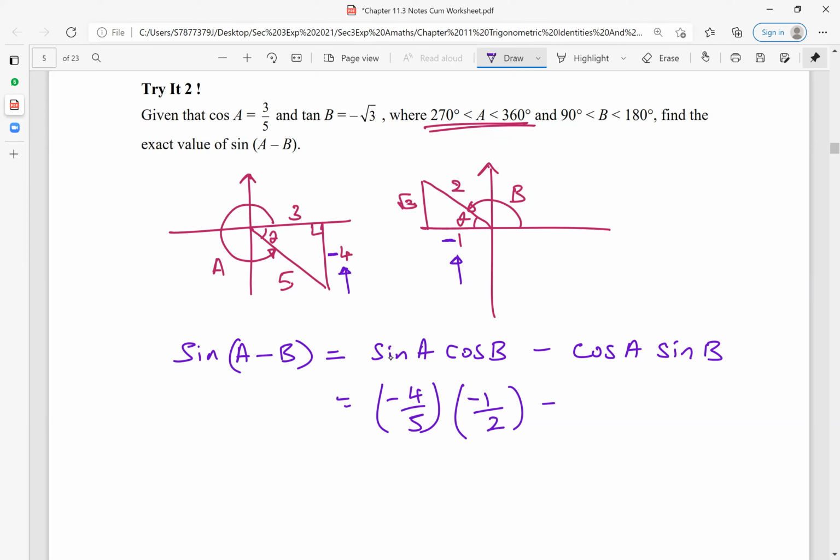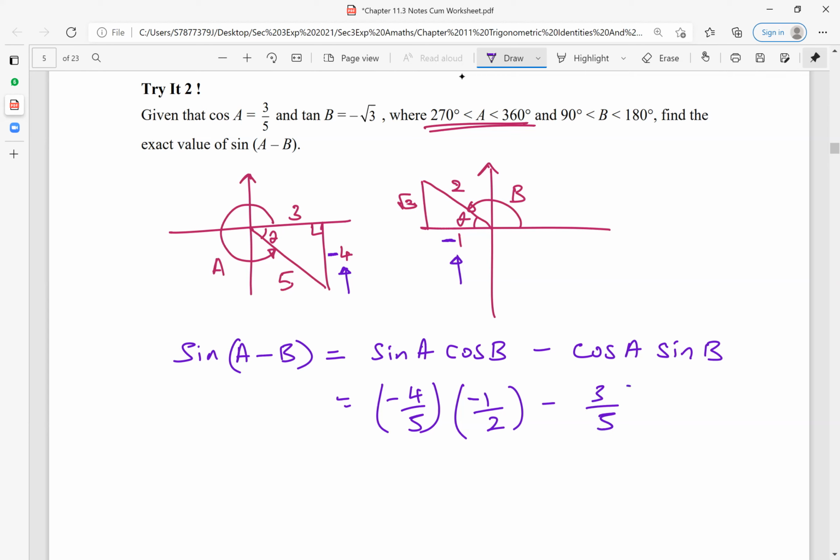Who can we choose? Chinhy, are you there? What is cosine A? No response. Okay, Chifeng, what is cosine A? 3 over 5.